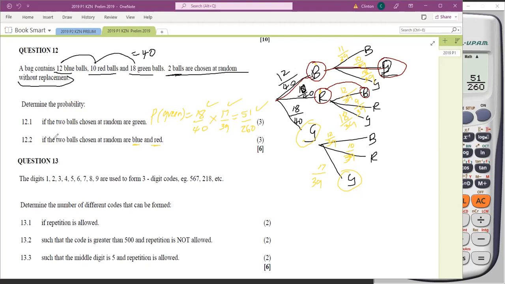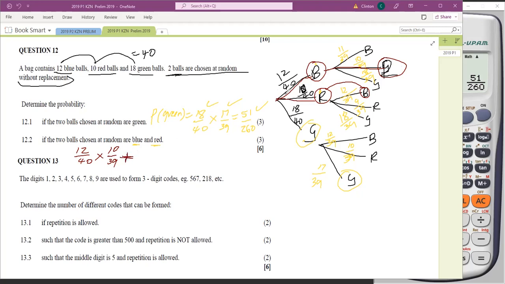So the first blue is 12 over 40 multiplied by the red, which is 10 over 39. And then you see I'm at the end here. When I switch and come back here to there, remember I have to move from here to here. You add a plus sign.